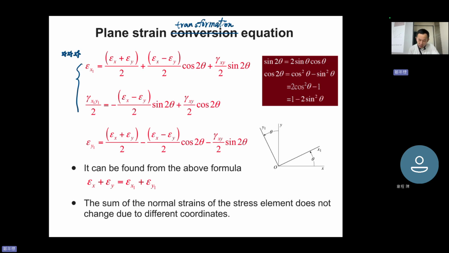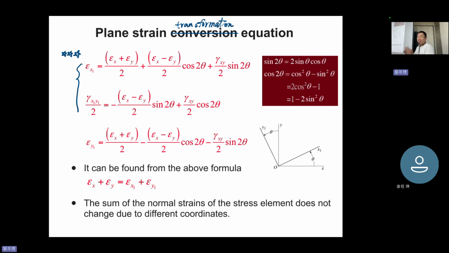If we use the sine 2 theta, cosine 2 theta things, we can make it look relatively similar to what we learned in plane stress. You see, average strain minus, then divided by 2, cosine 2 theta. Very similar to what we learned. And also we have strain invariant, just like sigma x1, sigma y1. You see, epsilon x plus epsilon y equals epsilon x1 plus epsilon y1. Very similar.